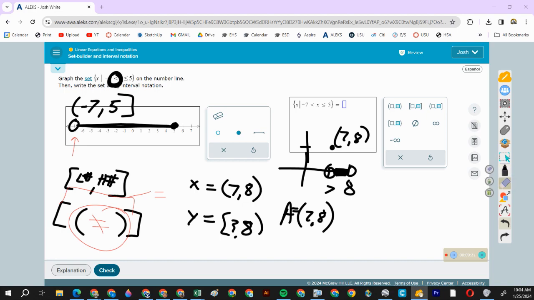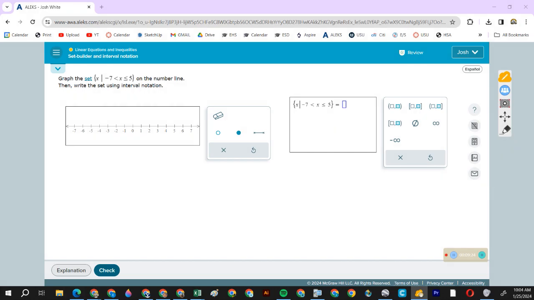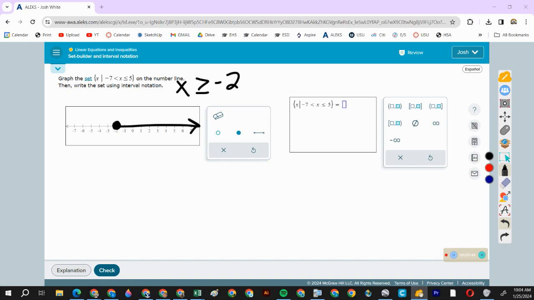Okay? But what if my graph was x is greater than negative 2. Nope, let's do equal to. Greater than or equal to negative 2. How do we put that in interval notation? Well, it's a closed circle at negative 2, and then the arrow goes to the right.